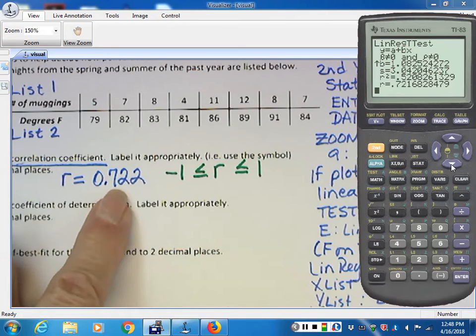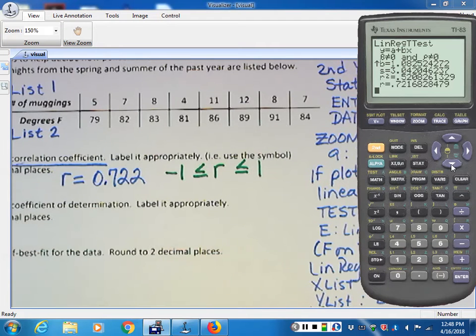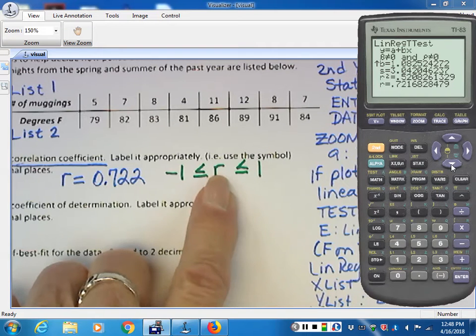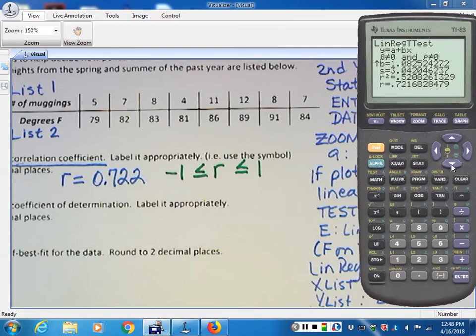Our R value is actually closer to +1 than it is to 0. 0 means there would be no relationship, which is what our H0 said, there is no relationship. But our R actually is closer to 1 than it was to 0. The thing is, what's making R be 0.72 instead of being a lot closer to 1 is that outlier. So I want you to remember that.